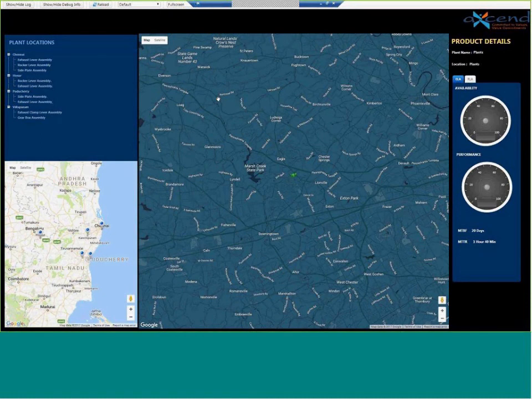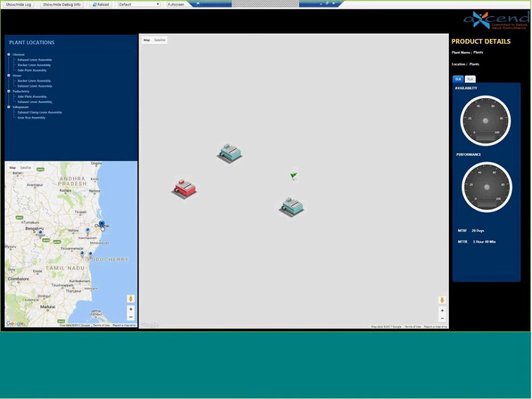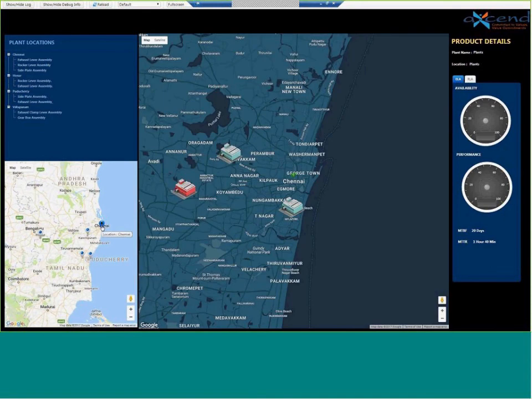At a higher level, what you're looking at is the geography, a dashboard that allows you to monitor the health of the machines installed at different client locations. Now I'm going to choose a particular region, which shows me the plants where my machines are running. At a high level, we are monitoring the performance parameters for the rocker lever assembly and the exhaust lever assembly.